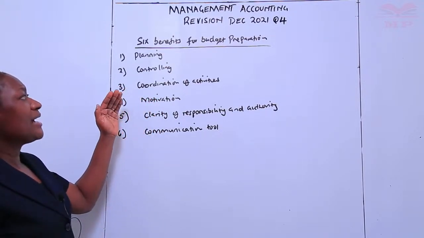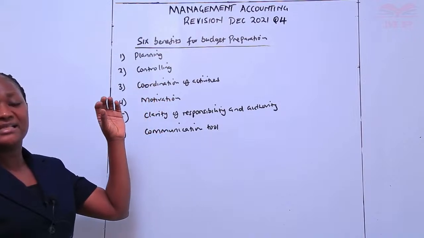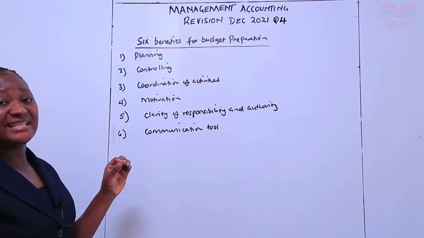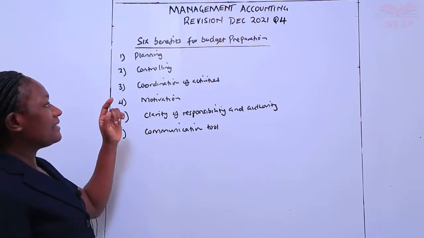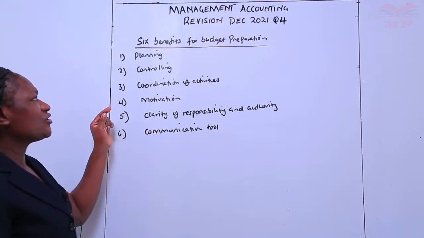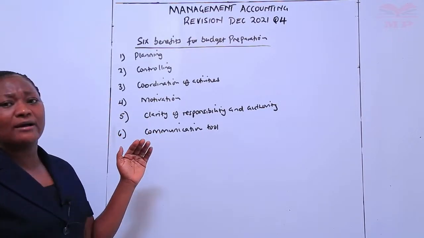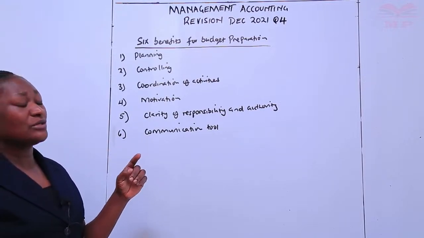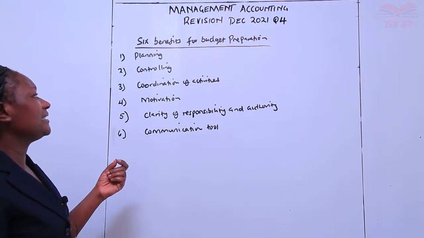How? We will look at our budget. What was budgeted, and what is the actual result? So when we have that which was budgeted and the actual result, we will be able to know the variances or the differences between the two.